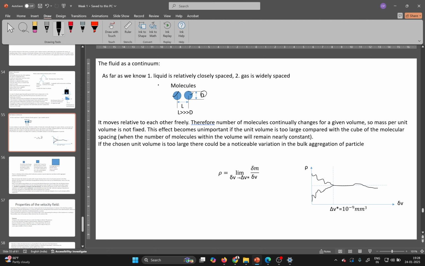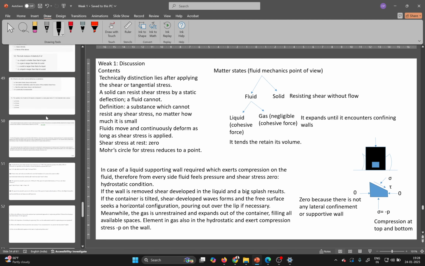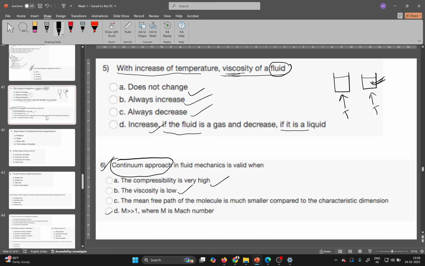Okay. So here your L is what? L is nothing but what we are discussing in this question. Your mean free path is nothing but L. So if the mean free path of the molecule is much smaller compared to your characteristic dimension, then you can assume the continuum approach.